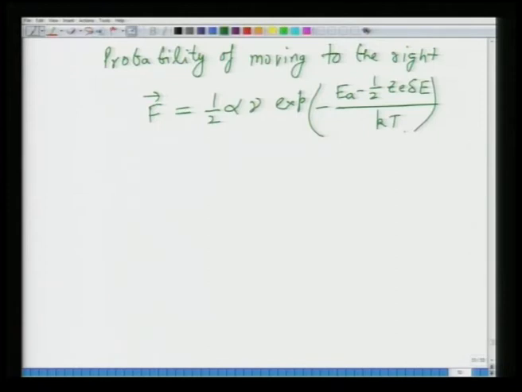That makes sense. What it basically means is that the probability will also increase for movement towards the right.